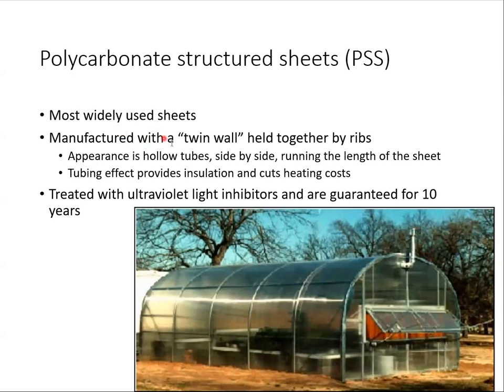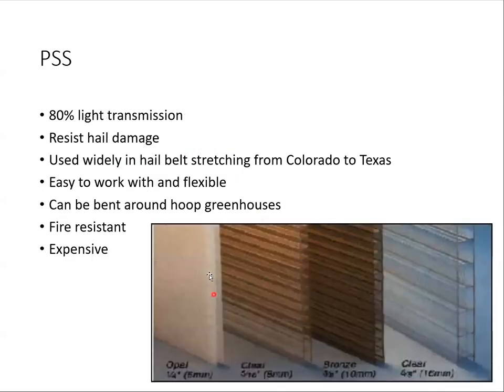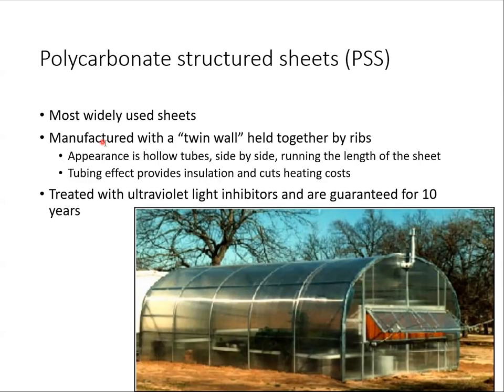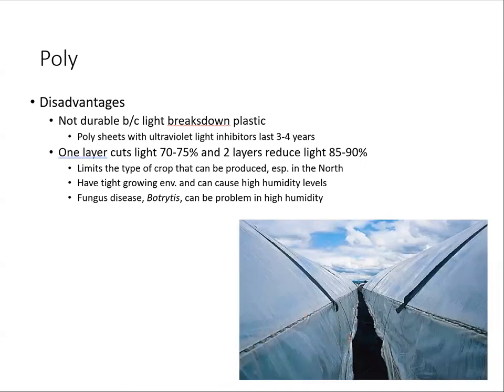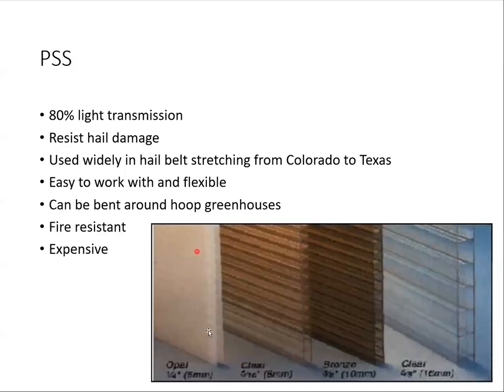They're manufactured with a twin wall held together by ribs, which looks like hollow tubes side by side running the length of the sheet itself. The tubing effect provides insulation and cuts heating costs. So a lot like that double layer of polyethylene, you have an insulating layer between the two walls.